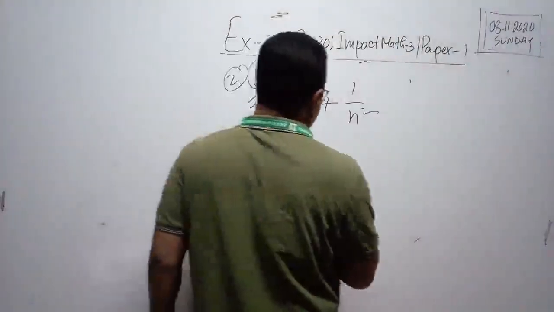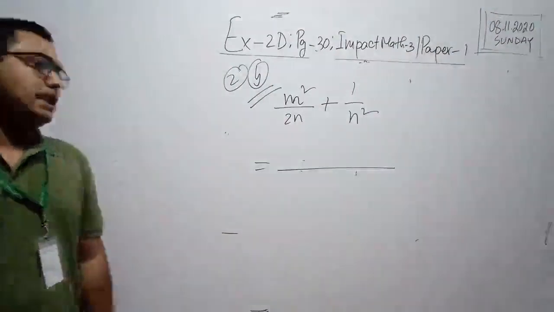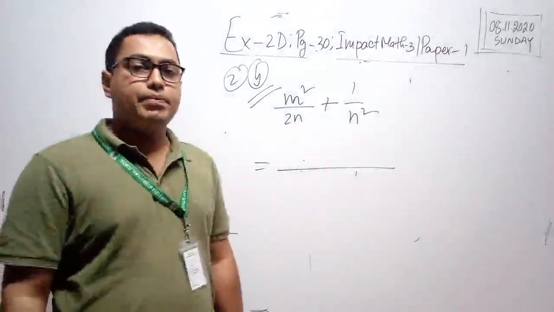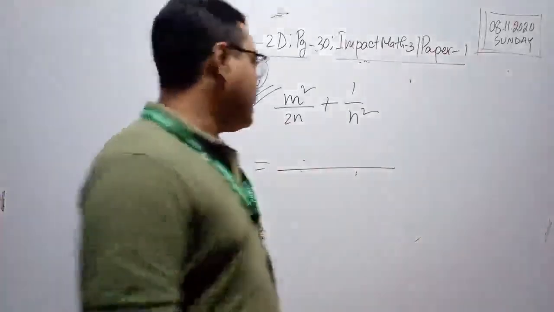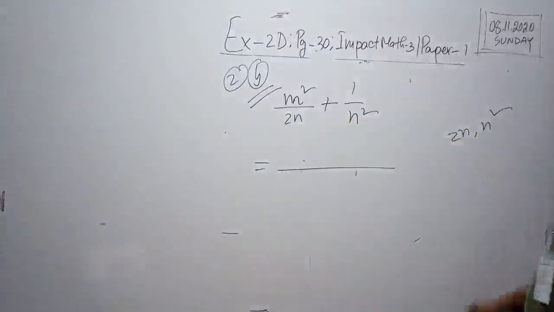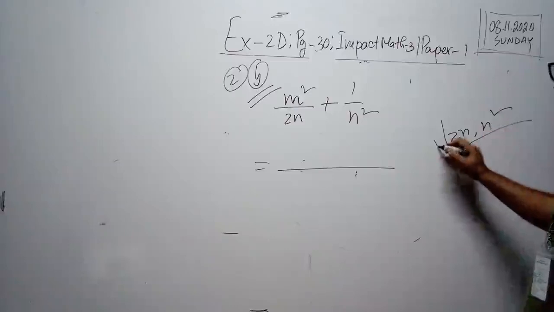Here, which one is the LCM? To find the LCM accurately, you can use this method. Here, twice n and n square. Which one is common? n.